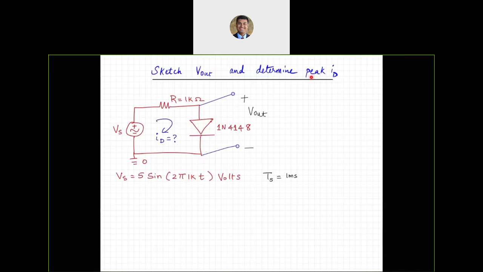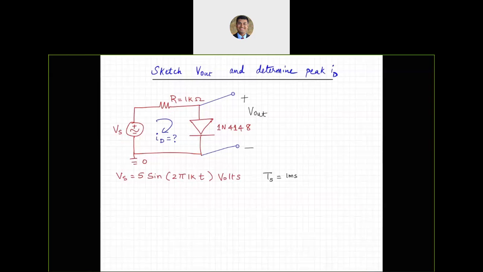We are only interested in the peak, the highest current that can flow through the diode. We'll sketch Vs and V out, and the voltage across the resistor should just be the difference between the two, so we'll sketch all three.